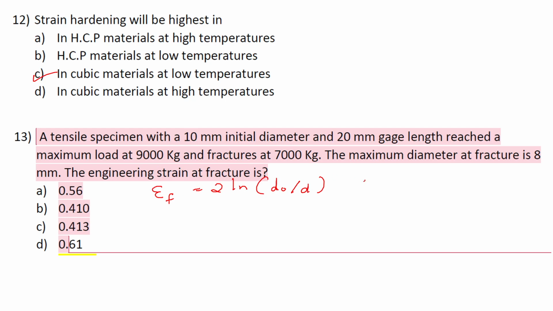This is the formula actually. Then epsilon f, we already know that it is log of e plus 1, right? And this one will be the engineering strain at fracture.